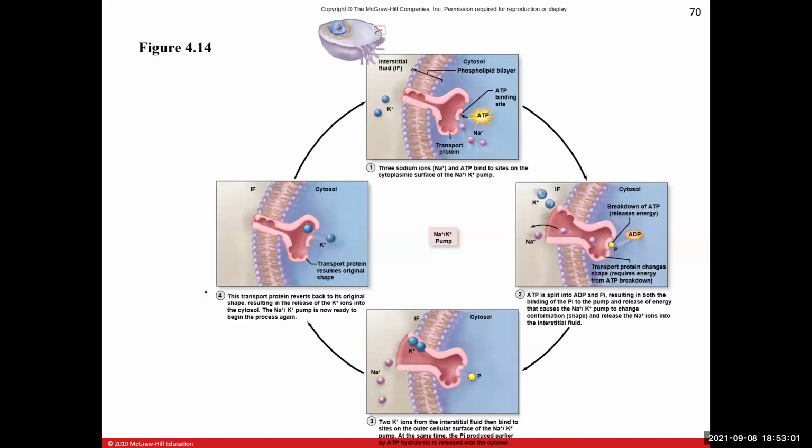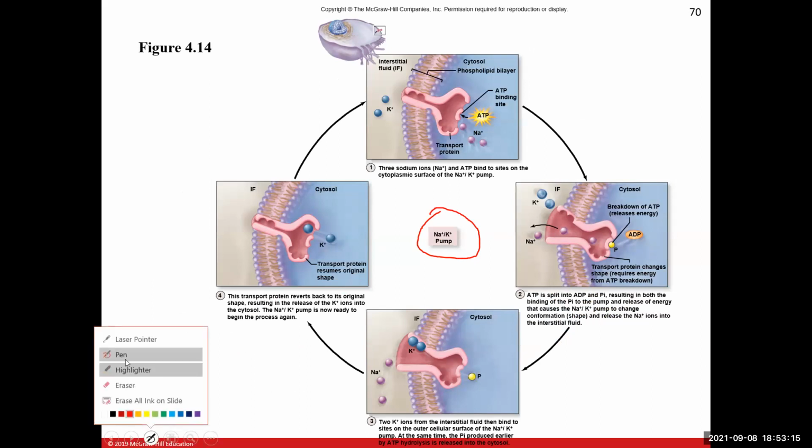The other type of ion pump is the famous sodium-potassium ion pump. We'll talk more about this when we get to chapters 12 and 10. But basically, the sodium-potassium ion pump is going to utilize the movement of both potassium and sodium in and out of the cells. So what will happen is, this pump is going to move sodium ions from the inside of the cell to the outside of the cell.